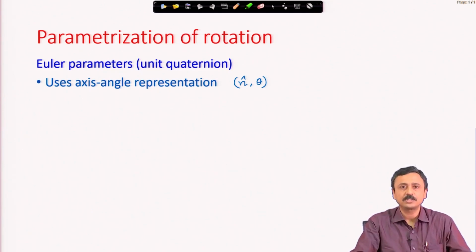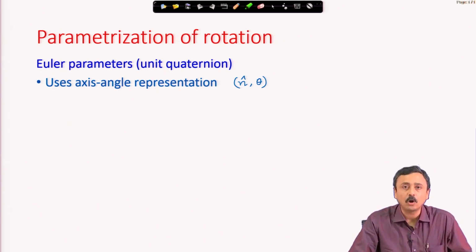Just like position is represented by x, y, z in a certain coordinate system, similarly rotation or orientation of a body is represented by these 3 rotation parameters, but not all parametrization of rotation matrix has 3 parameters, some have more, and we are going to look at one of these.